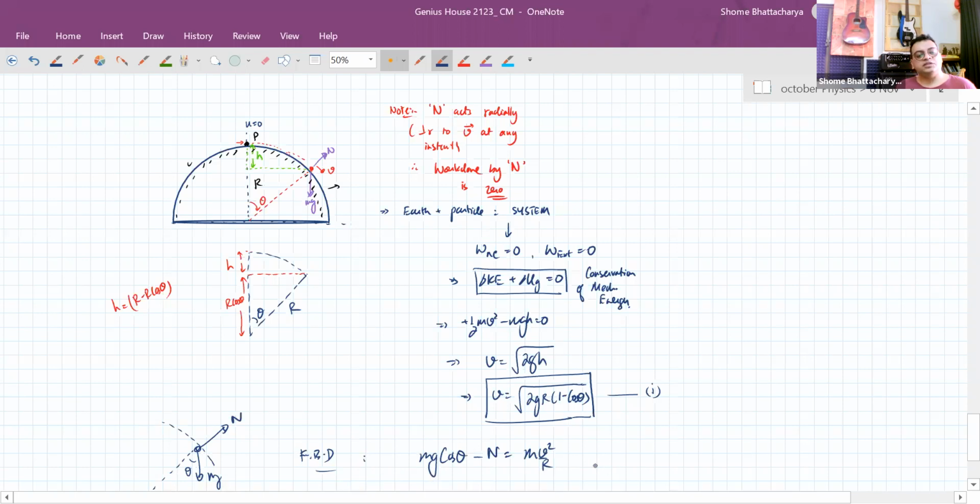This is your centripetal force. So you plug in this value of v here. So that will give you n as a function of theta.